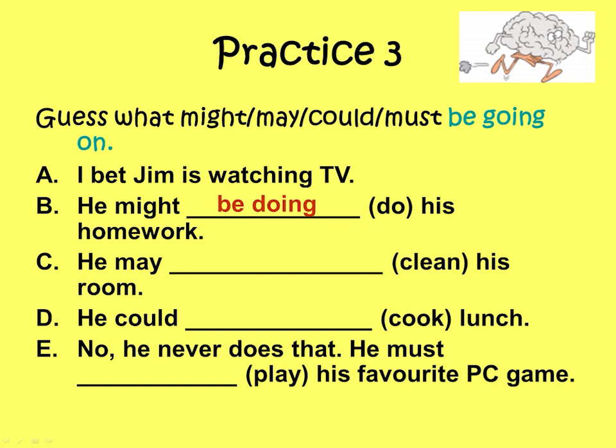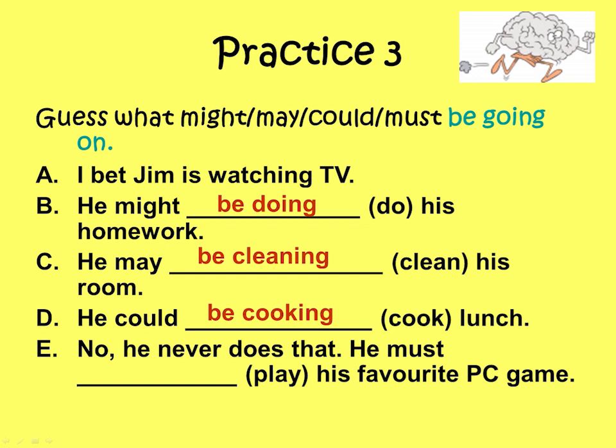Here, very probable. C, another person, he may be cleaning his room. So may is stronger than might. D, another person, he could be cooking lunch. Maybe because it's nearly lunchtime, about midday or about 11 o'clock in the morning. So could is stronger than might and may.